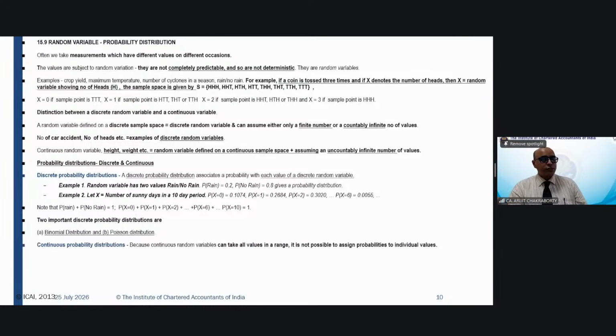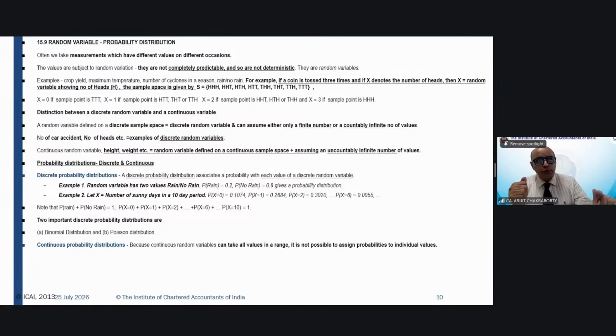Continuous probability distribution means the continuous random variable can take all values in a defined range. So it is not possible to assign probability to individual values. Whereas in case of a discrete random variable, it is possible to assign probability, because it is taking specific values.